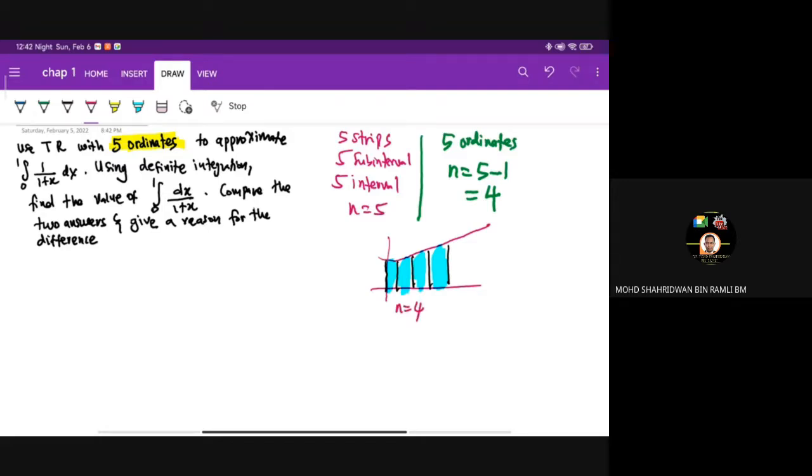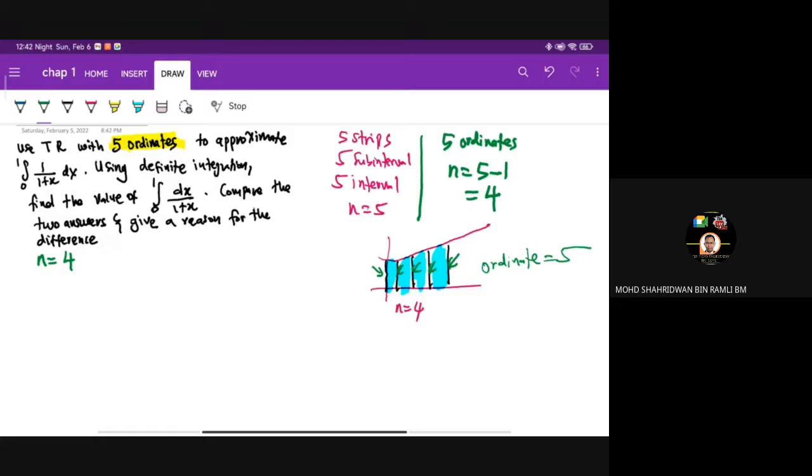But your ordinates represent first, second, third, fourth, and fifth. So that's why your ordinate here is 5. So here, I'm writing n is equal to 4 because it is 5 ordinates.